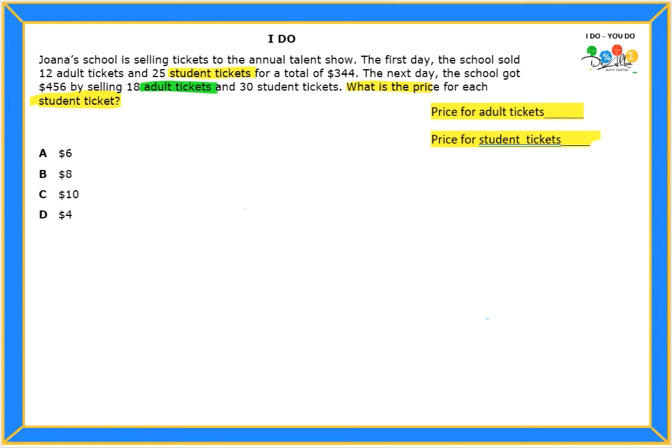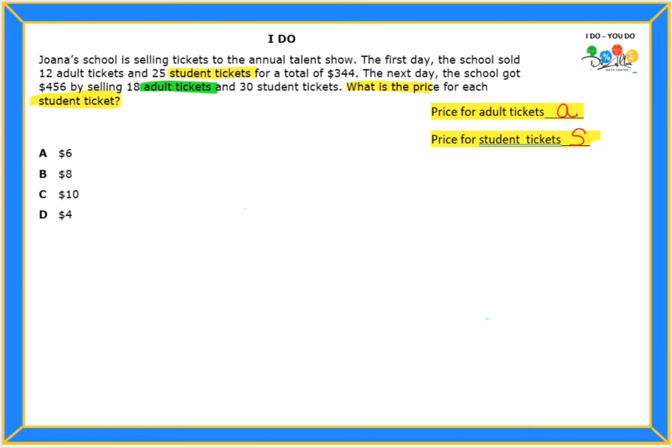For the adults, I am going to write down the A, because once I finish my problem, if I see the variable A, I'm going to think, oh, this is the price for the adults. And if I see an S, then I know that's the price for the student ticket. That's the only reason why I'm choosing my A and my S.